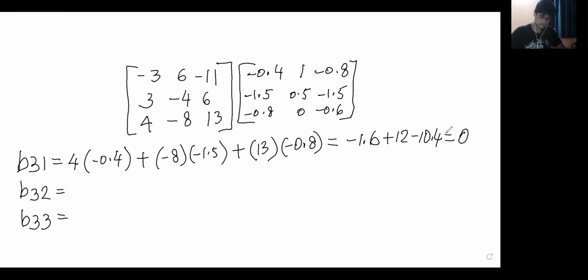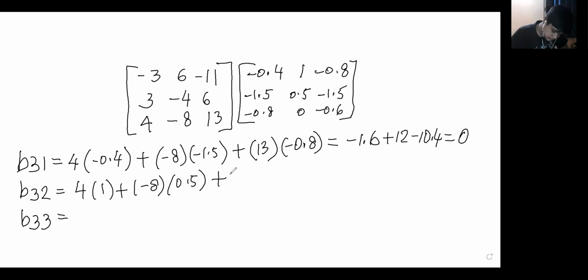So B32. 4 into 1, plus minus 8 into 0.5, plus 13 into 0. So again 0.